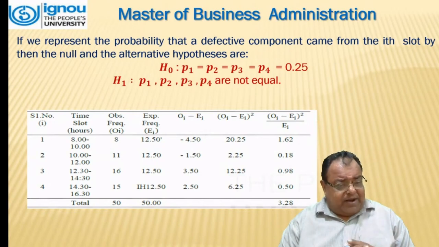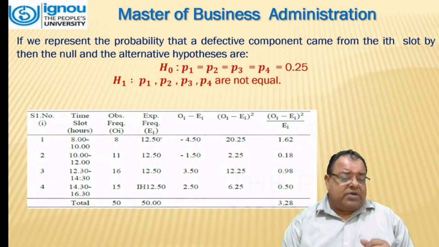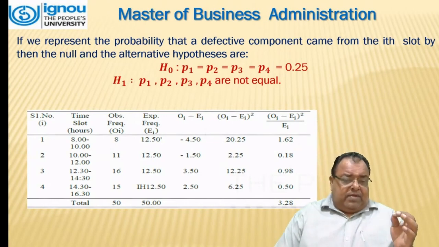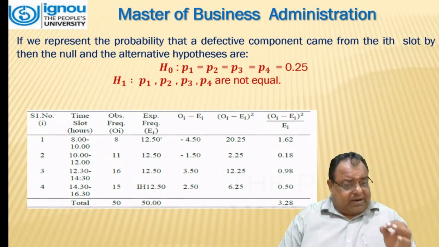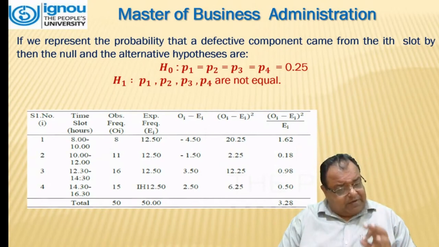We are provided with time slots and observed frequency. We have to calculate the expected frequency. We have calculated expected frequency as 12.50, 12.50, 12.50, and 12.50.